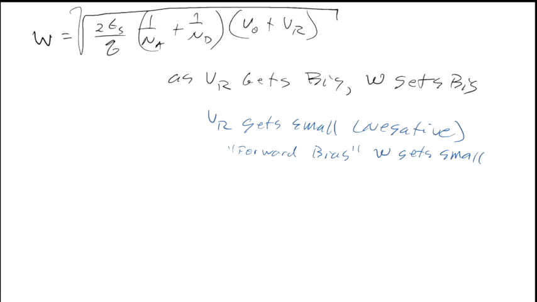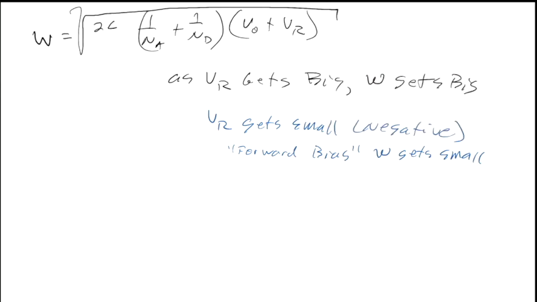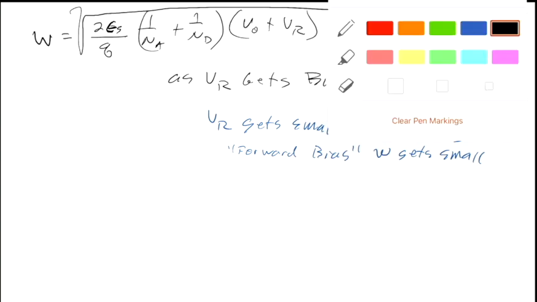2 epsilon s. So the question is, what's above the Q? I can't believe you can read the Q. And remember, epsilon s is the relative dielectric constant of the semiconductor times the permittivity of free space.